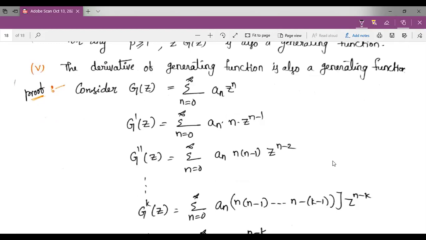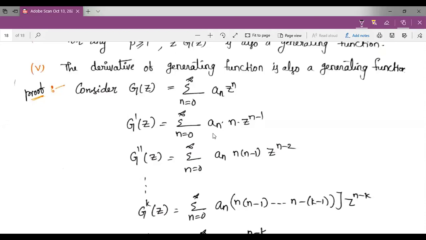So let us see here. Consider g of z is equal to summation n is equal to 0 to infinity a n z power n. So we differentiate this generating function. g dash of z is equal to summation n is equal to 0 to infinity a n, constant, into n into z power n minus 1.